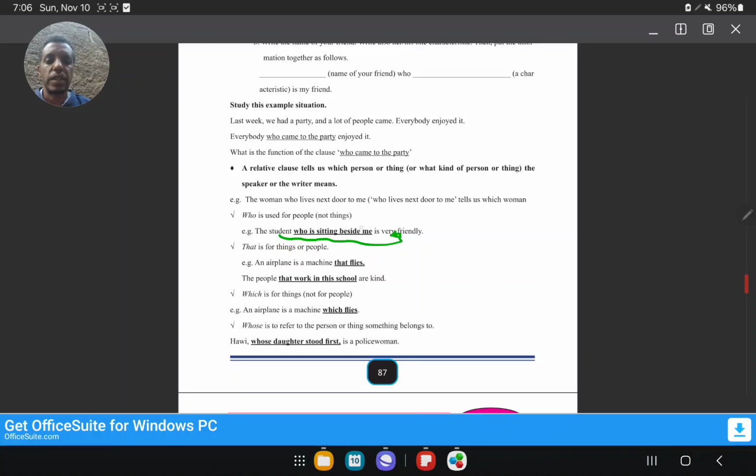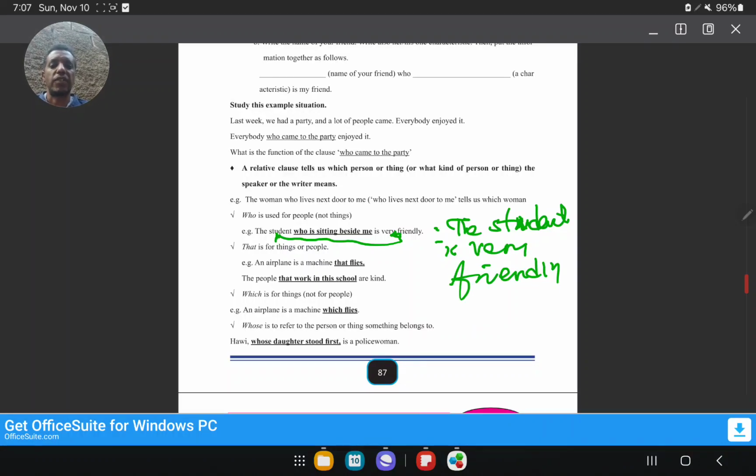You can write the student is very friendly. አሁን የኛውን ሬላቲቭ ክሎዝን ይህን የተሰመረበትን ስታወጡት ምን ይሆናል ተማሪዎች? ክሎዝ ነው ማለት ነው። ተማሪው በጣም ፍሬንድሊ ነው። የትኛው ተማሪ?